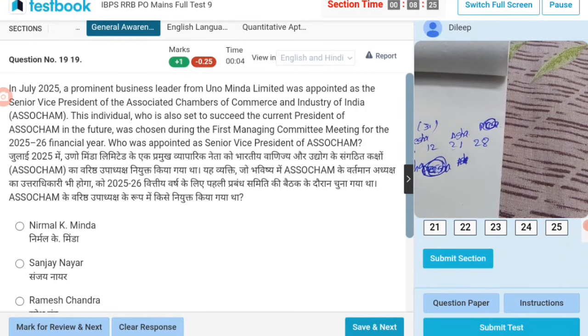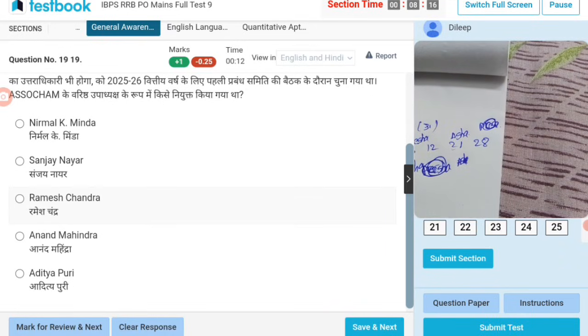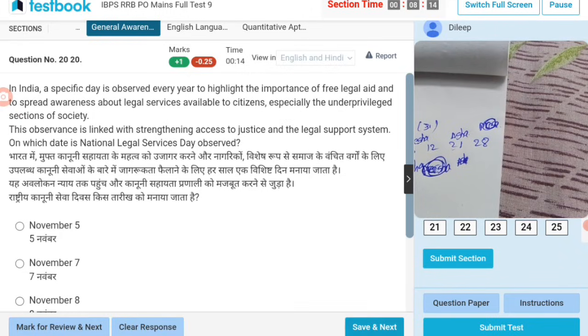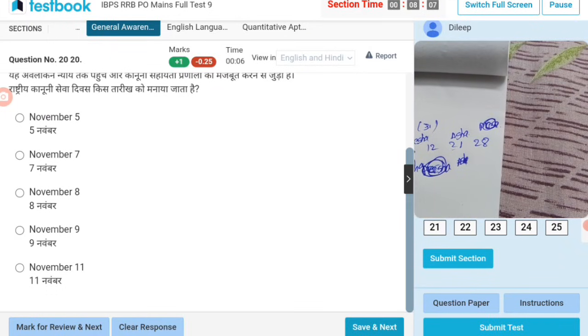In July, appointed Senior Vice President of Ashoka. National Legal.